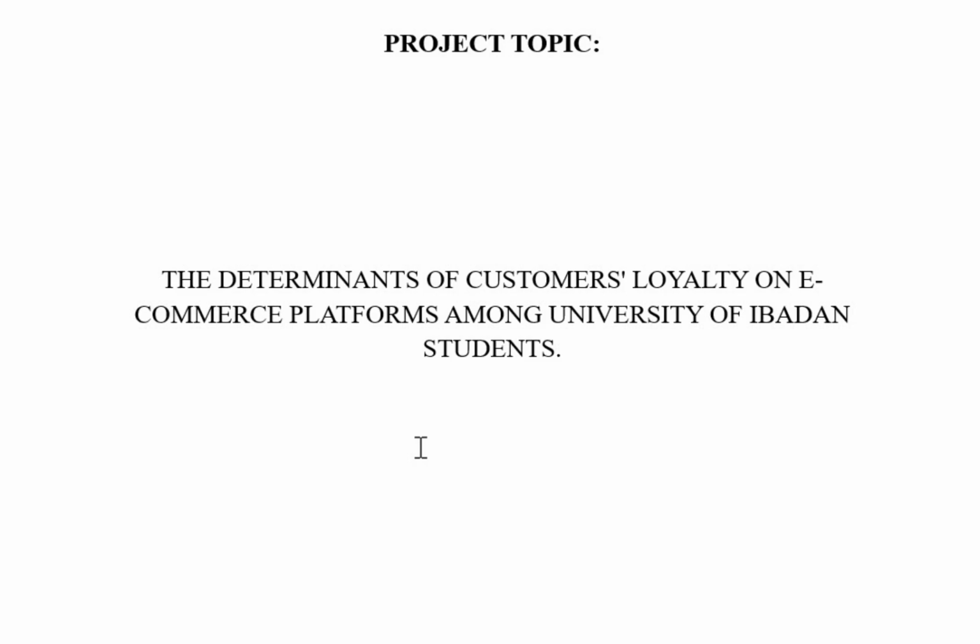That means the area of concentration is I want to check what are the factors that influence students to keep patronizing e-commerce platforms. What I mean by e-commerce platform is buying and selling, or purchasing and sales of products or services on an electronic network, through the internet, such as Jumia, Gigi, Congo, Temu. So what influences students? The area of concentration for this particular topic is the students. That means my scope for this particular topic is students.